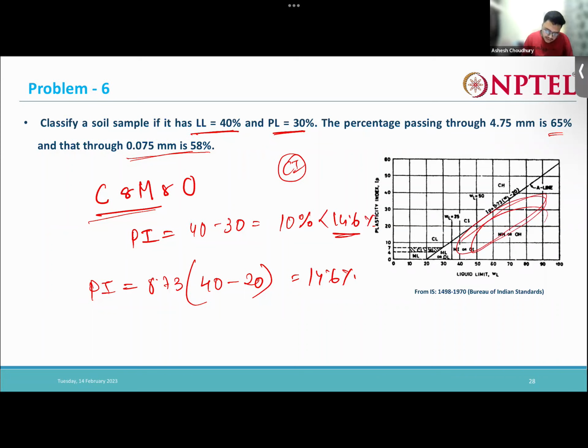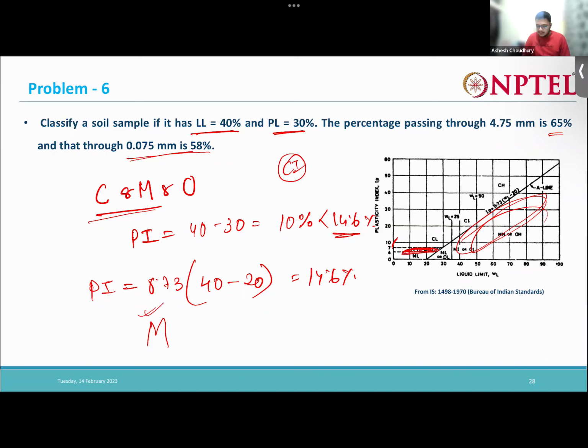So it is silt, and the first prefix will be M. Now check one more thing: whether any dual classification is possible, like in this hatched region. Because our plasticity index is greater than 7, the hatched region is out of bounds, so you don't need to bother about it. So no dual classification. It is M.